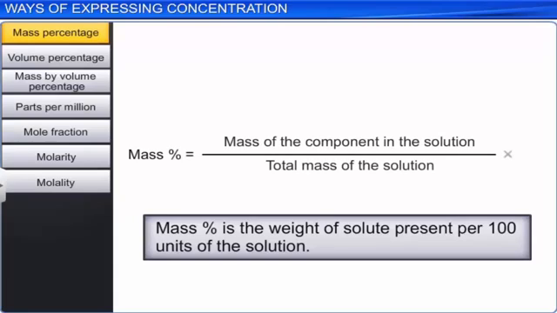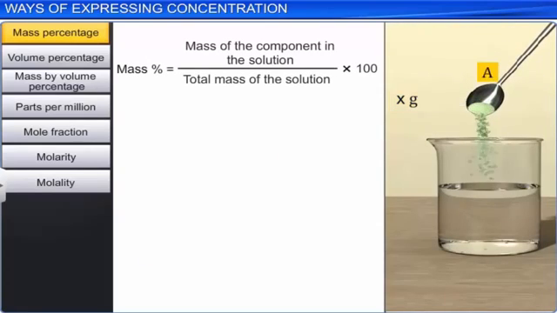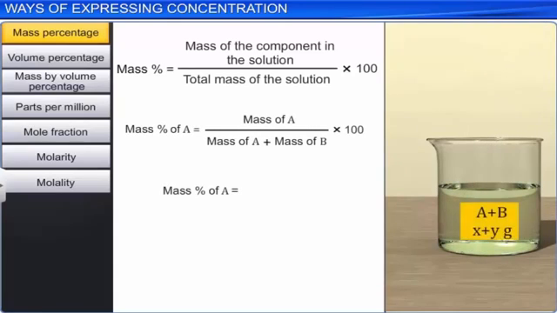It is important to note that as we are expressing the concentration in percentage, it implies that we are defining it per 100 units of the solution. If X grams of component A is dissolved in Y grams of component B, then the mass percentage of A is given by X, which is the mass of A, divided by X plus Y, which is the total mass of the solution, multiplied by 100.